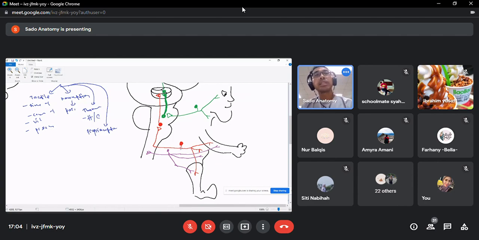The PCML, posterior column medial lemniscus tract that we discussed just now, enters the spinal cord and terminates inside the brainstem. But this tract, coming from upper limb, lower limb, and trunk, enters your spinal cord and terminates inside your spinal cord. From the spinal cord, you can see this tract moving upward, straight away going to your thalamus, without forming any synapse with the brain stem.